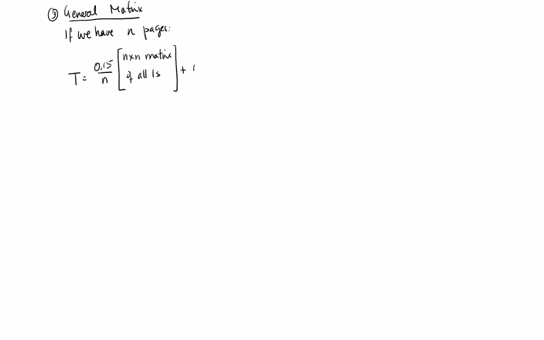And then we'll have 0.85. This is the 85% chance that you follow a link. And in here we have a bunch of vectors. We have n of them. And what we say is that v sub i is determined as follows.